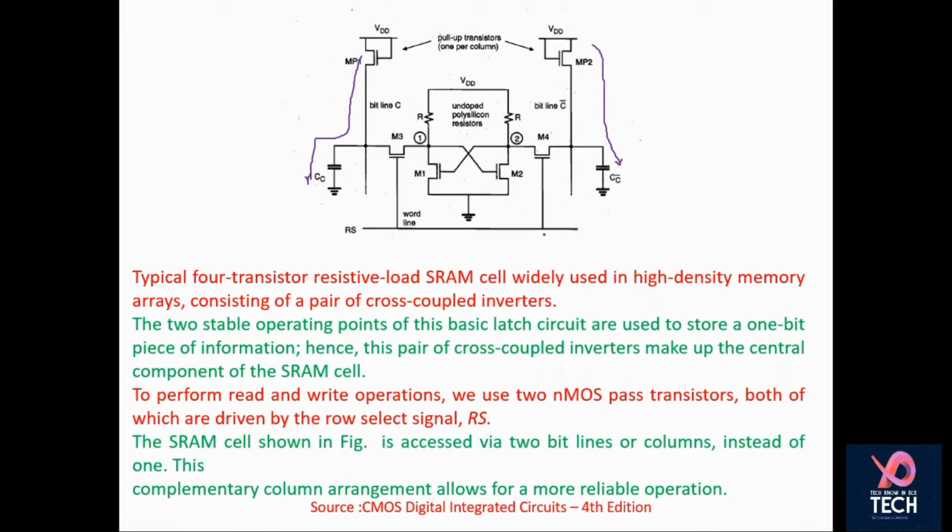Now this is the word line. It is being used to read and write signals. When this word line is activated, then these transistors M3 and M4 turn on.